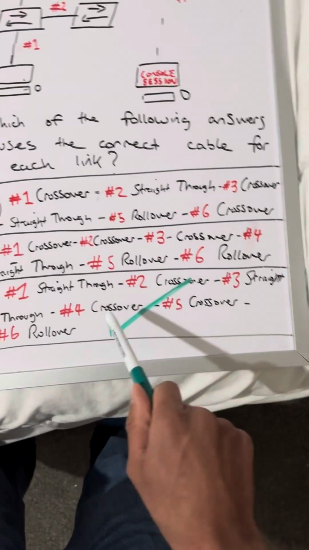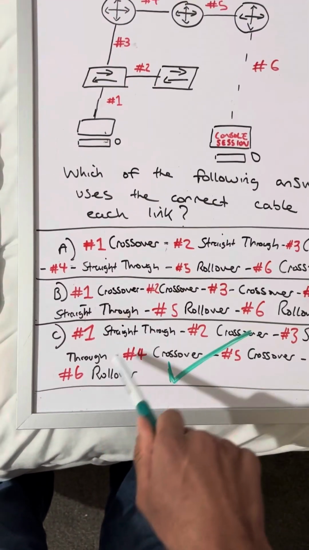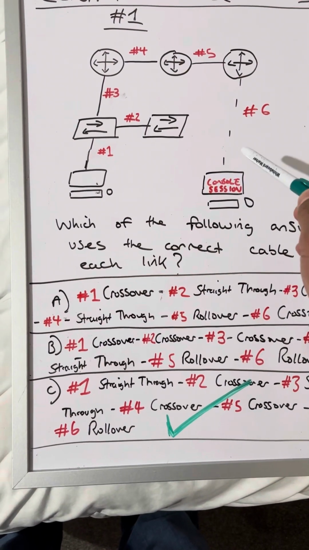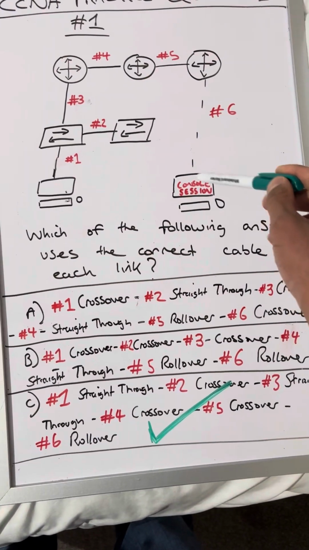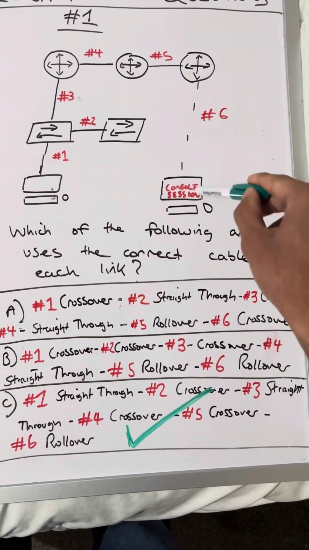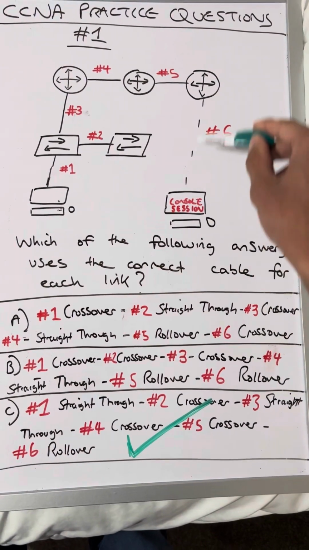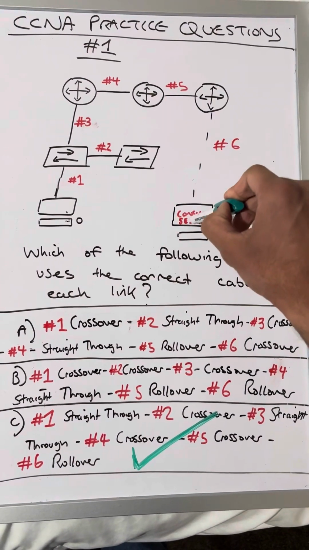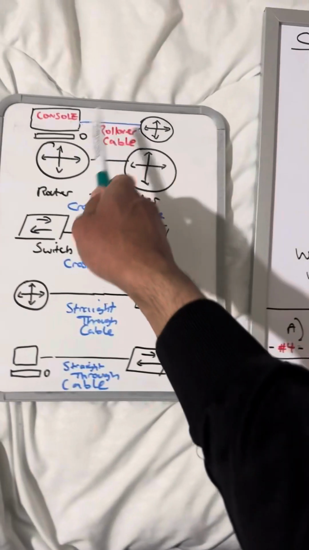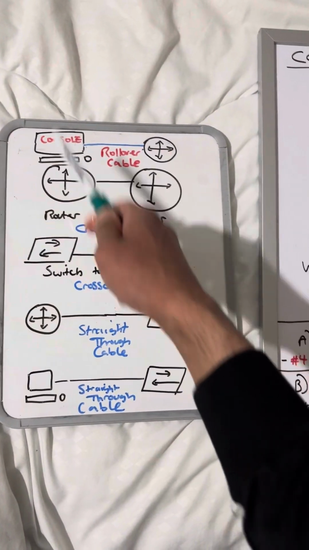So again, crossover. And the last type of connection is not just an ordinary type of connection here. This is a console session. A console session from a PC to a router uses a rollover cable.